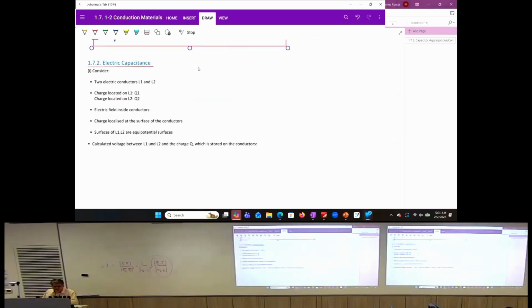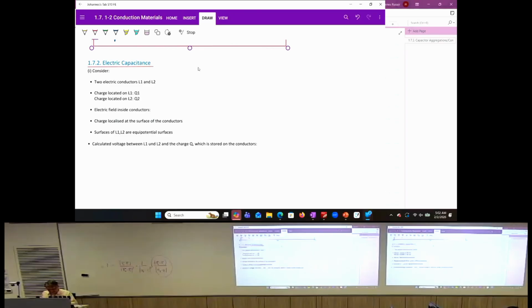So now we want to look at the concept of capacitance. You can have two conductors, and they can be arranged so that they're in close vicinity, and then you put charges on these two conductors, and you have an electric field between these two conducting elements.